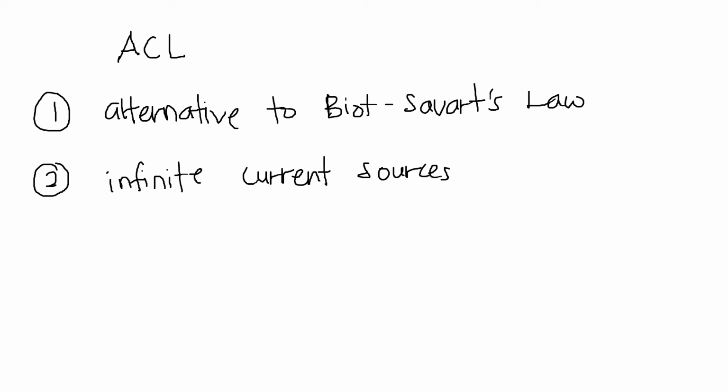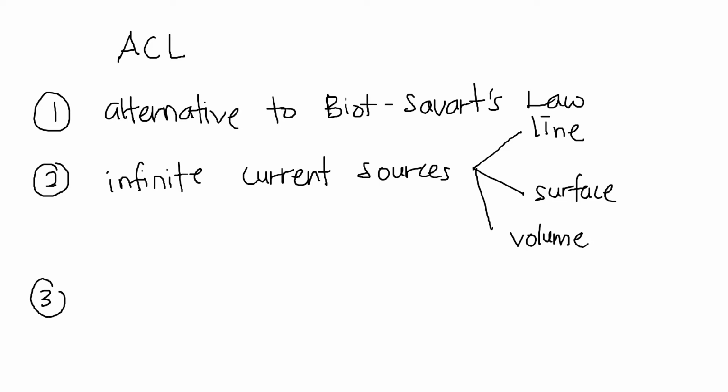Okay, in this course, in the previous chapter, what are the sources that you already learned? Yes, it's about the line, the surface, and the volume sources. Okay, and the third one is the step.